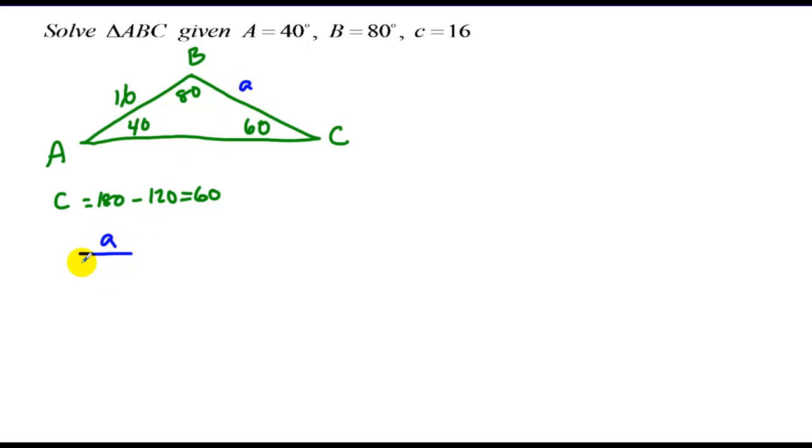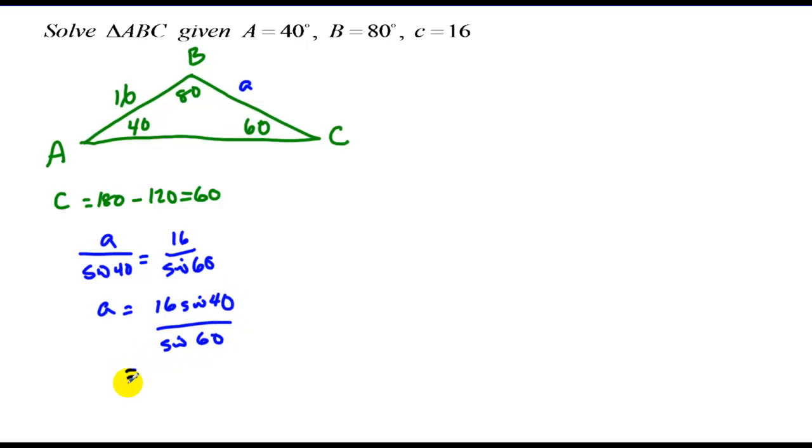So a over the sine of 40 is equal to 16 over the sine of 60. So just like the last problem, multiply sine of 40 to both sides. I have 16 sine 40 over the sine of 60 is going to equal a. And we end up with 11.88 for a.